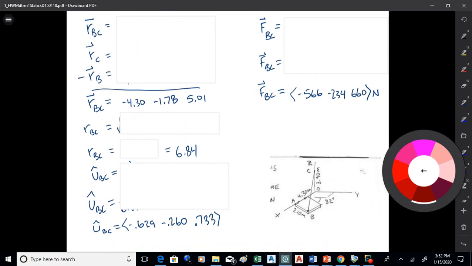That's how you get from B to C. Take the square root of the sum of the squares, you'll get the magnitude, 6.84. Divide through by the magnitude, you'll get the unit vector: negative 0.629, negative 0.260, and 0.733. And then you scale that up by 900 and you get the force vector.